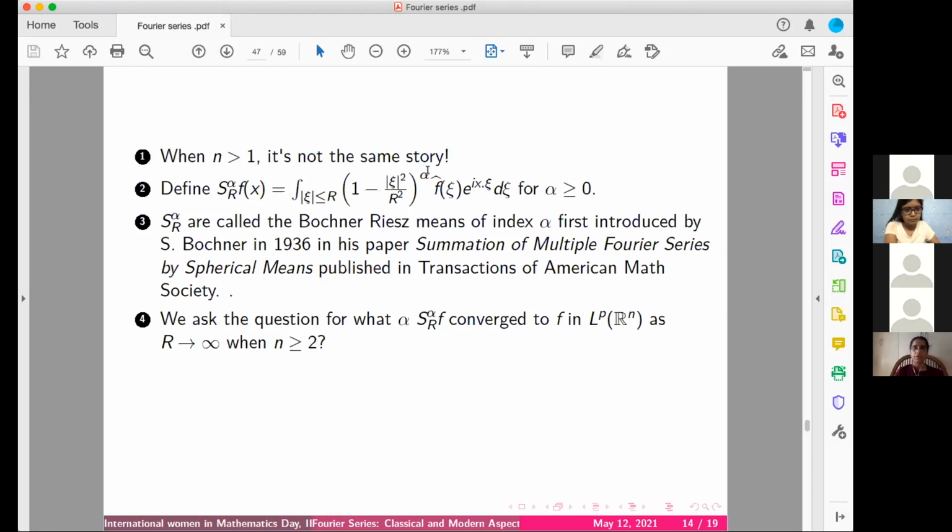If alpha is very large such that it is also differentiable, then by using some techniques you can prove that this function will converge to f, I think with some decay also perhaps.